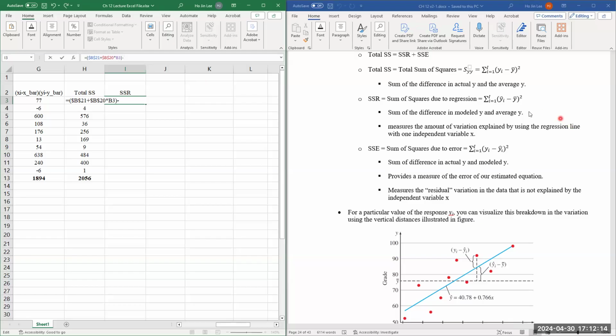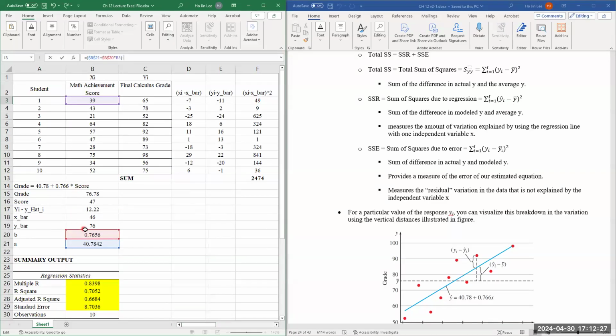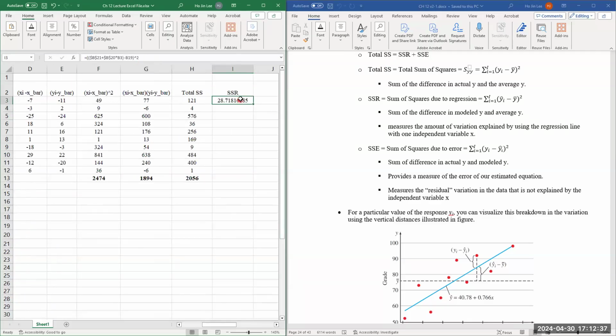Minus y bar, the average, and this is the average. And that whole thing has to be squared.